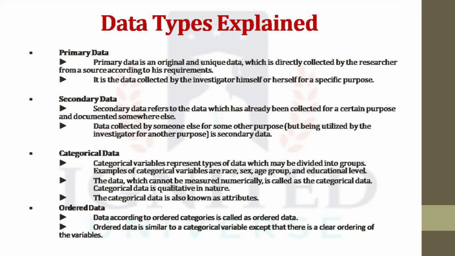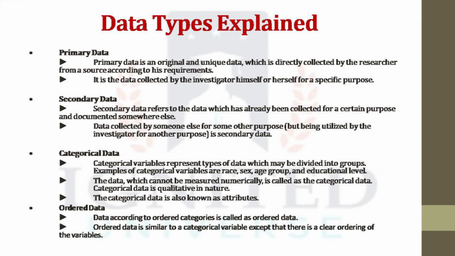After this major classification, we can have categorical data or ordered data, wherein categorical data is the data which may be divided into groups. For example, the categories of gender, educational level, age group, etc. This data is not measured numerically. It is qualitative in nature.